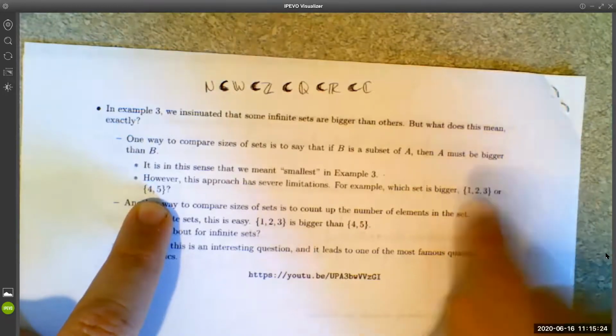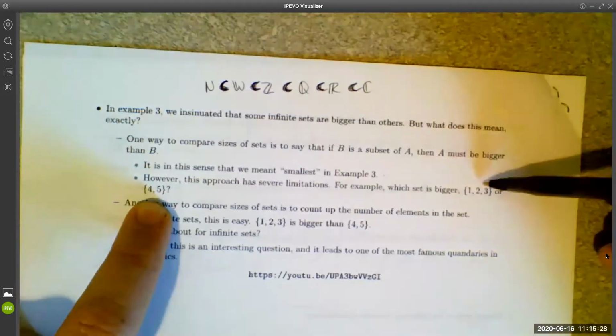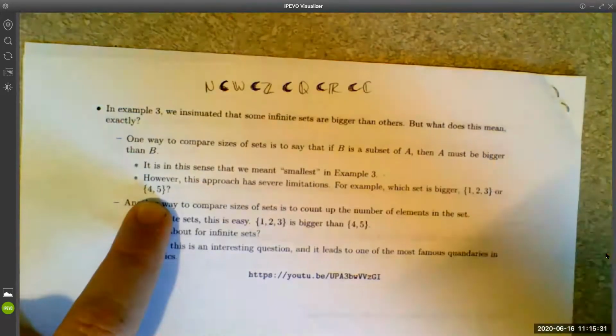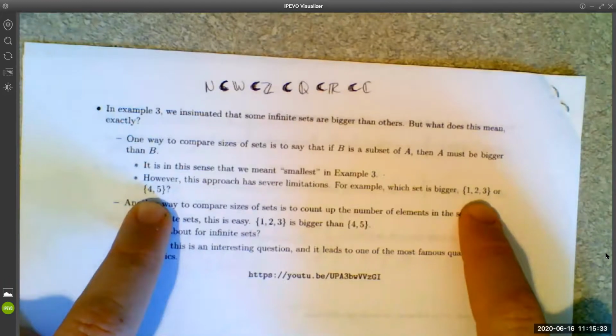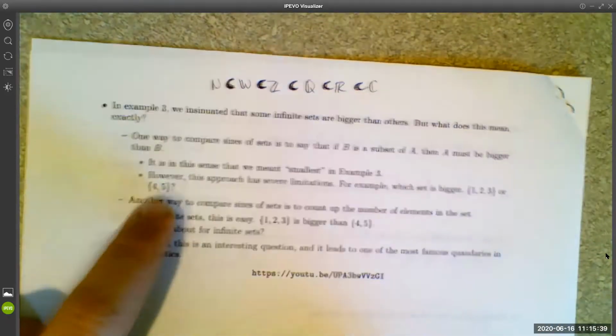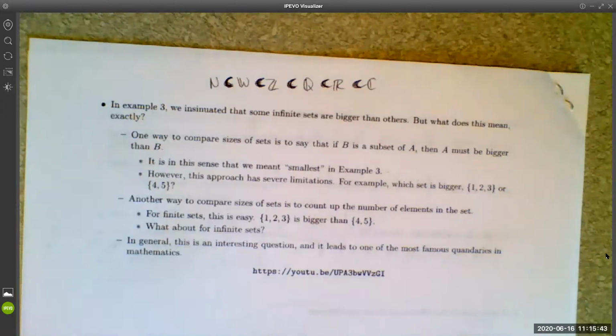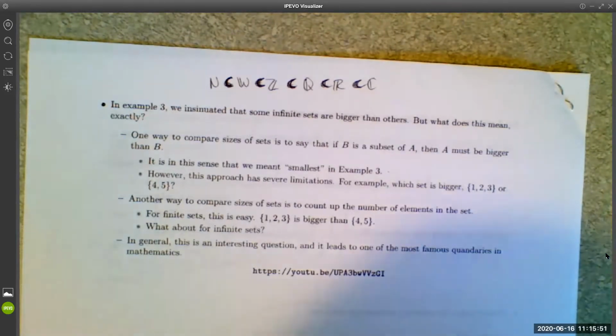In that case, this set would be bigger than that one, since the sum here is 9 and the sum here is 6. On the other hand, you could say, well, you should just look at the number of elements in the set, right? This set has 3 elements in it, and this set has 2 elements in it. So this set is bigger than that one. That's the approach that we usually take: the set that's bigger is the one that has the greatest number of elements in it.